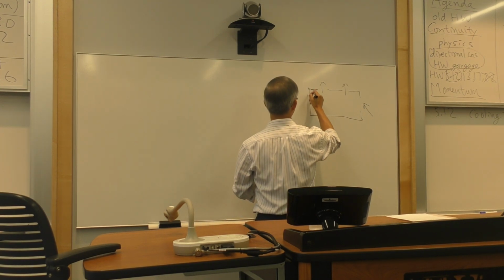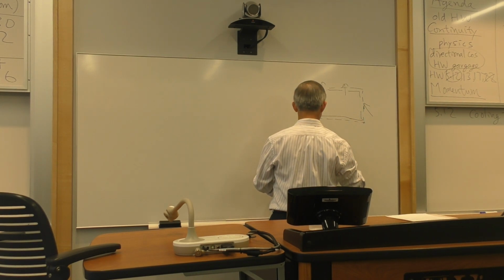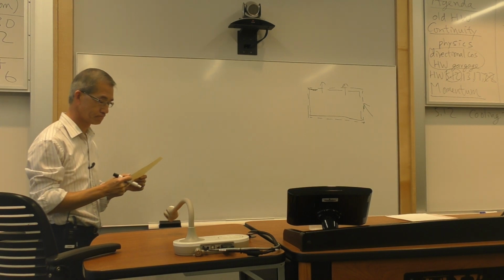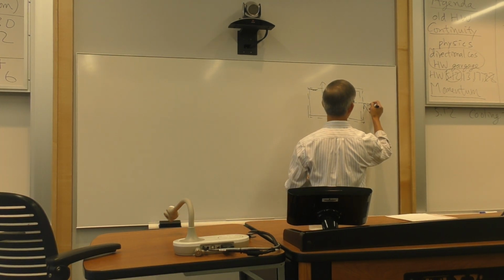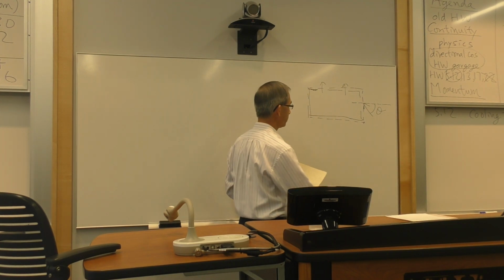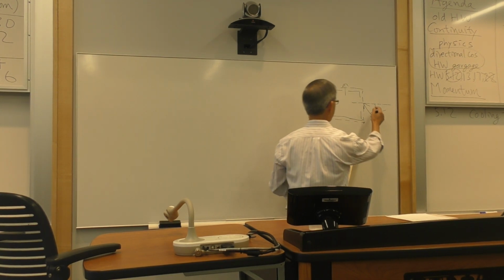So here I will draw the control volume. And this is going to take a little time to get everything settled. And I want to make a little change from your homework problem in that I want to actually use a different angle, theta.